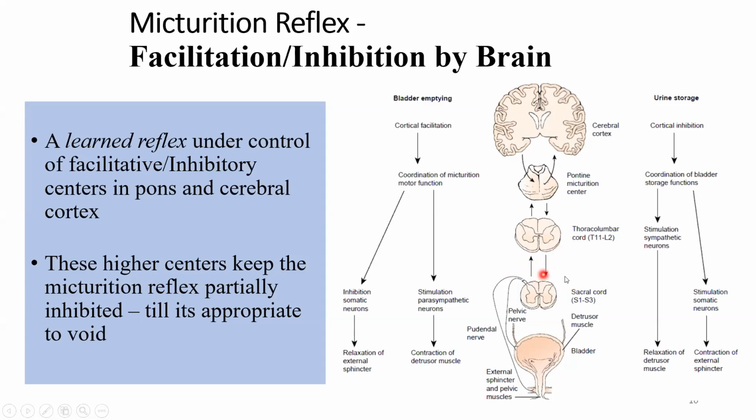The sacral segment is basically independent of any down-flowing signals from the higher centers. You can imagine that this independent unit will now not function normally. It will be a funny business going on, and we'll talk about that in a bit.